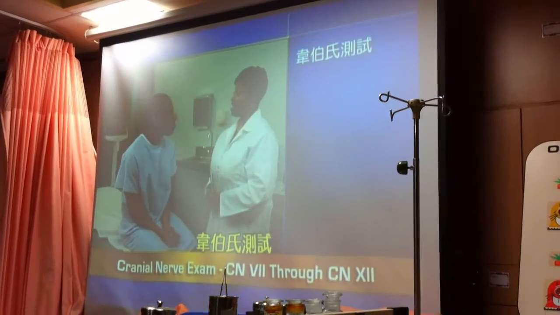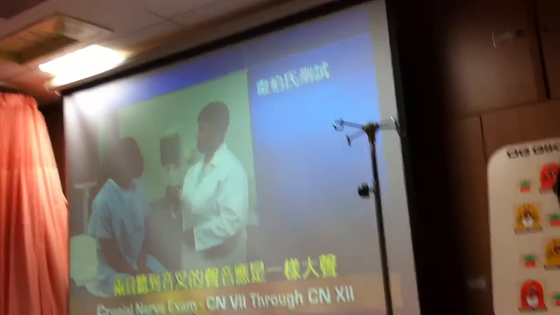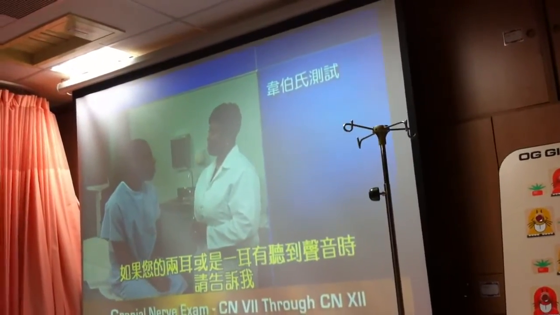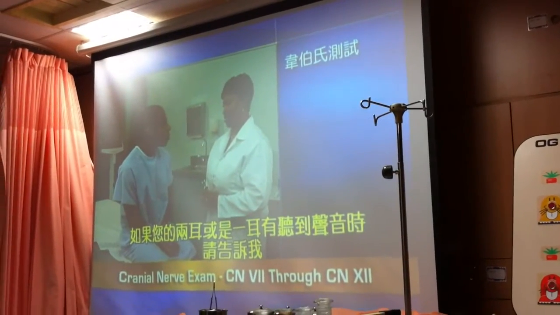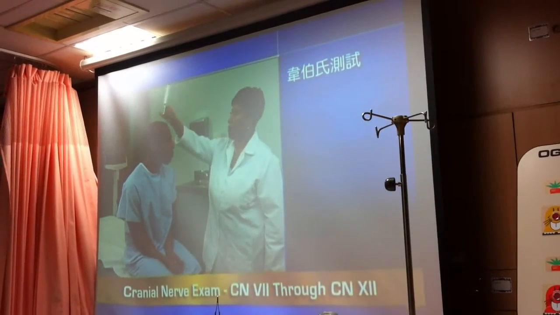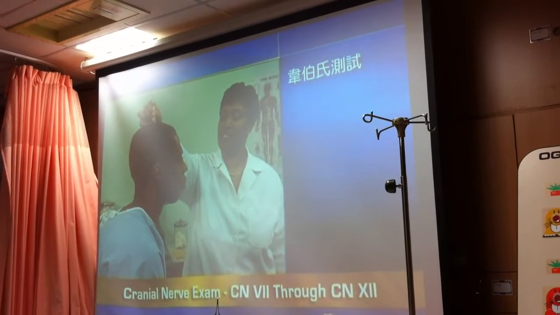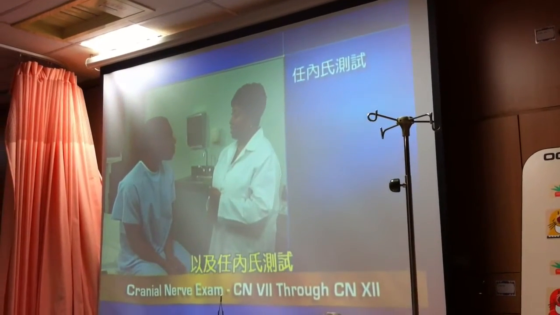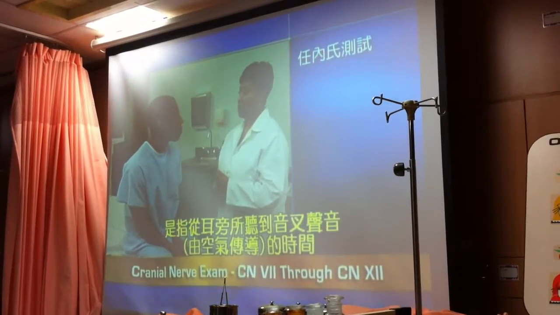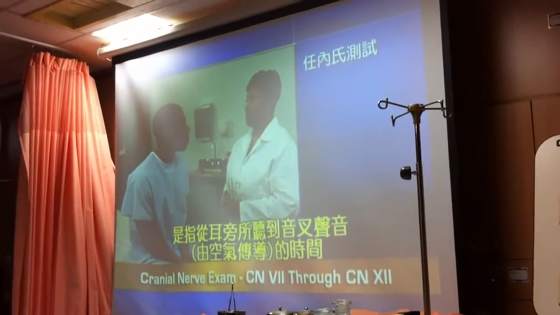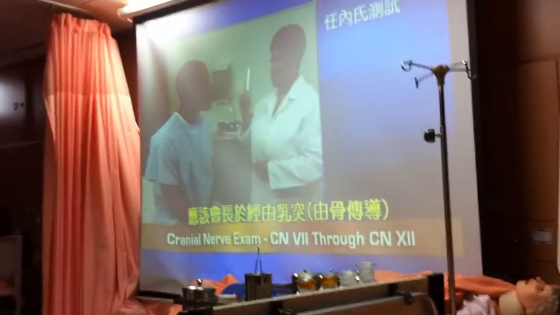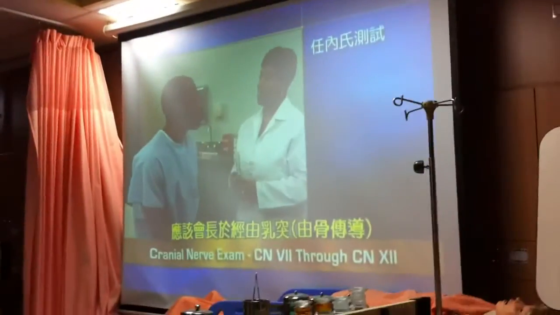Good. The Weber test, in which we should hear a tuning fork tone equally in both ears. Hearing in both ears or one ear? Both. Good. And the Rinne test, in which he should hear a tuning fork longer near the ear by air conduction, then through the mastoid process by bone conduction.